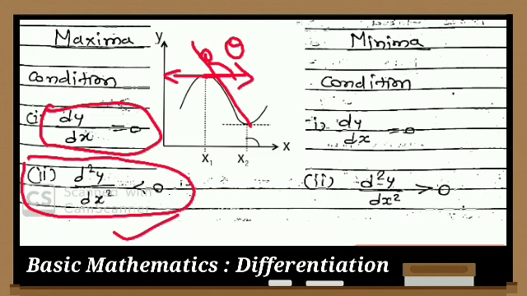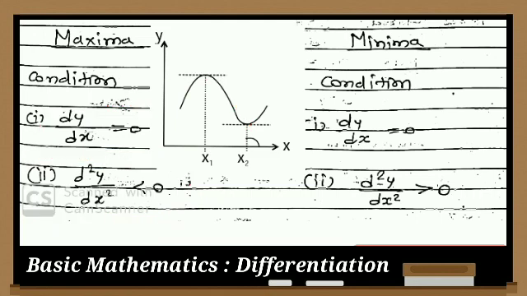Okay. Now we will talk about the minima. Let's check here. The first condition is dy by dx equals 0, so here is dy by dx equals 0. To find out the minima, we have to move in the left direction from 0. So where is 0? 0 is here.